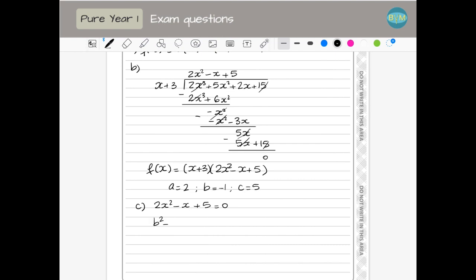I'm going to use the discriminant. Do you remember the discriminant is what you have inside the quadratic formula? So b squared is minus 1 squared, minus 4 times 5 times 2. This is minus 39, which is smaller than 0, which means my quadratic has no real solutions. So no real solutions.